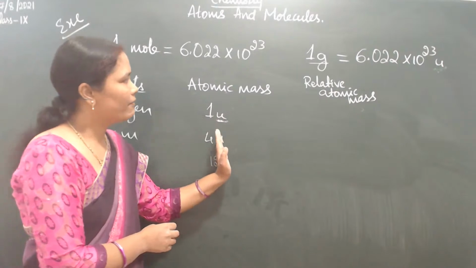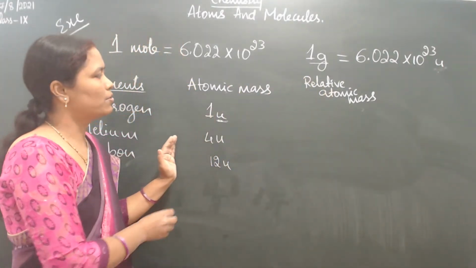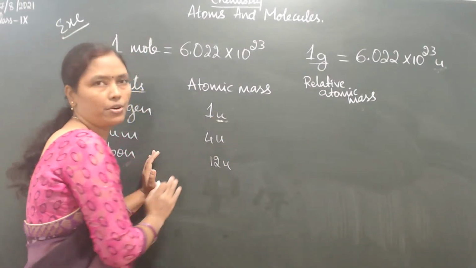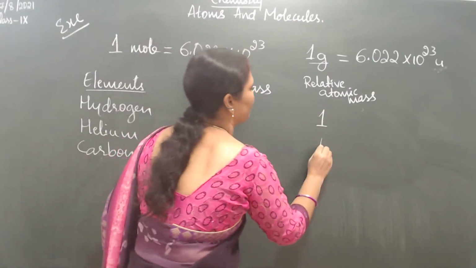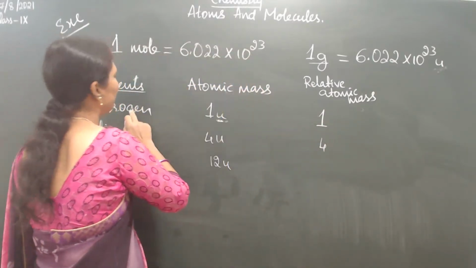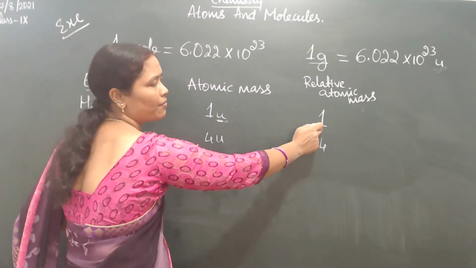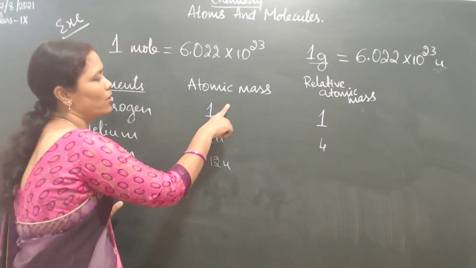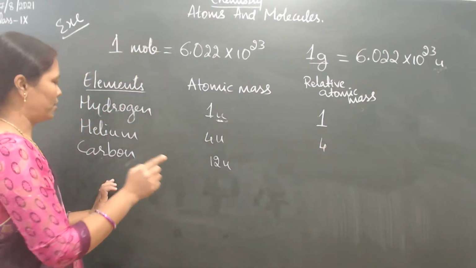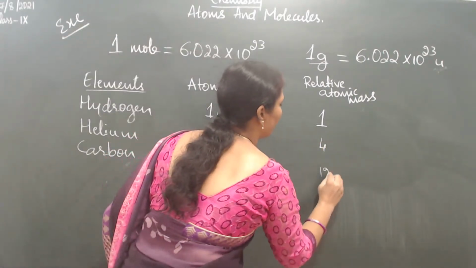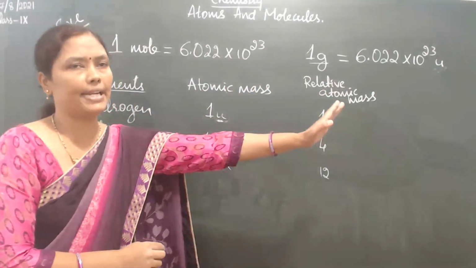When we write the relative atomic mass, we should not write this unified mass. For the hydrogen atom we write only 1, for helium we write 4, and for carbon we write 12. These terms are interrelated.